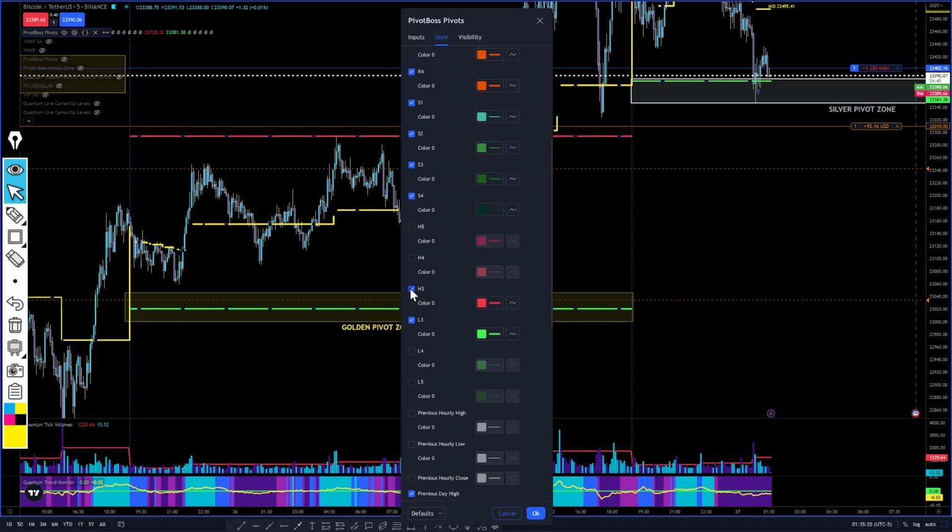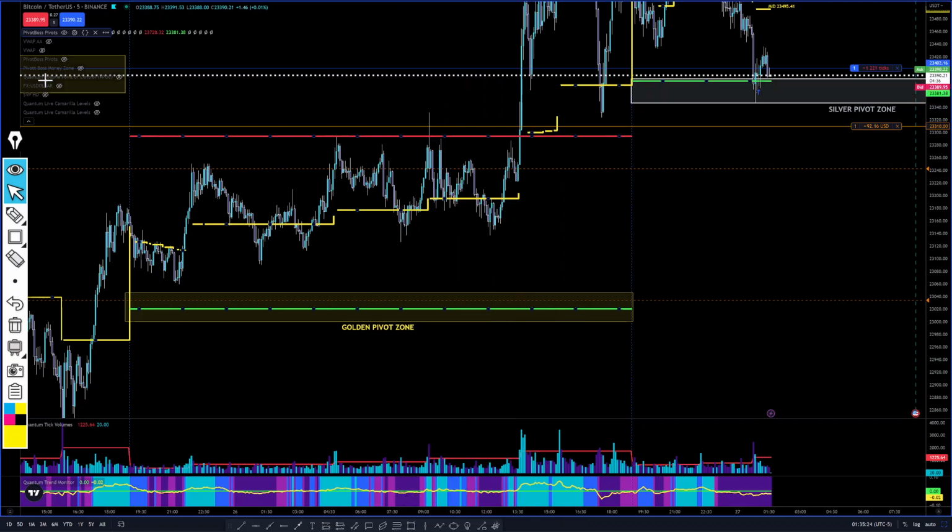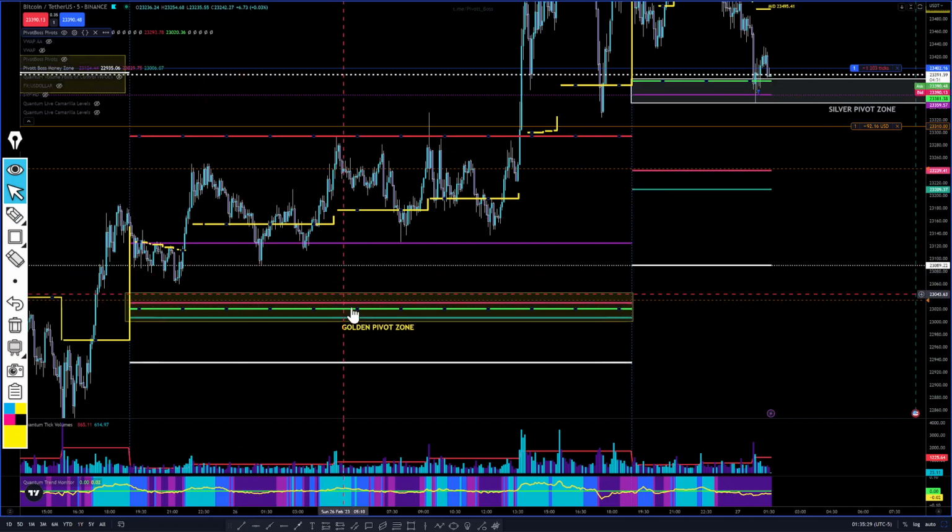Yesterday that was actually the Camarilla S3, which was lining up with the money zone POC level, so I put that as a golden pivot zone.